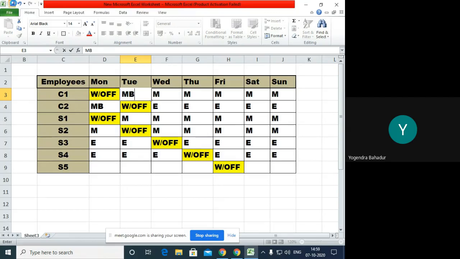What will be the timing for the morning break and the morning shift, we are going to discuss side by side. If we talk about the morning shift, generally the morning shift will start from 6:30 onwards till 4 o'clock.